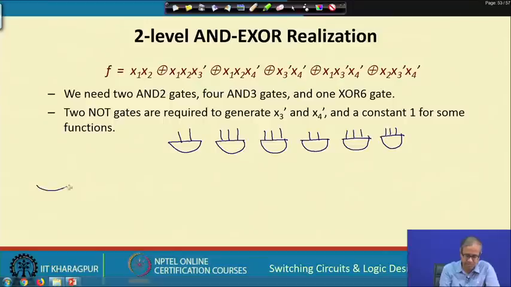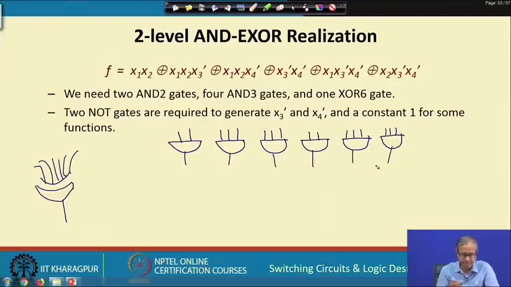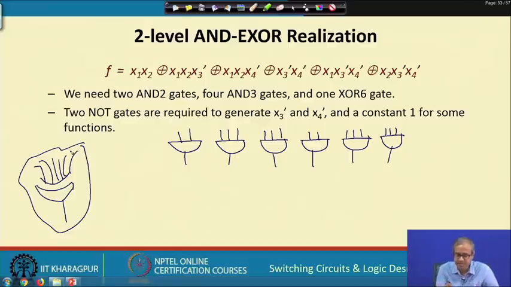So, one way is to have a large XOR gate with 6 inputs and connect the output of these AND gates to them directly. But as I said, a large XOR gate can be difficult to manufacture. Just another thing is that for the input stages you may need some complementing, x3 and x4 we will be needing 2 NOT gates to complement x3 and x4.